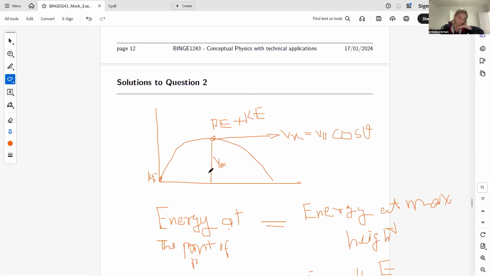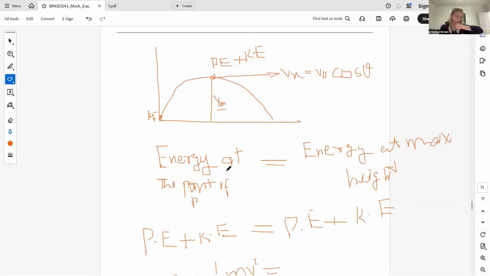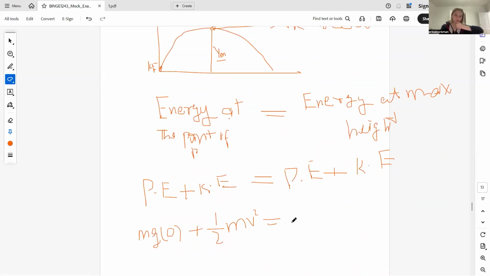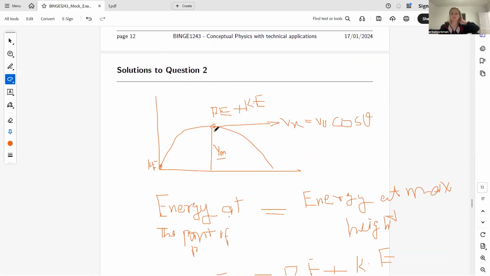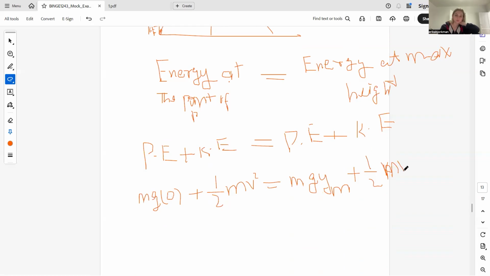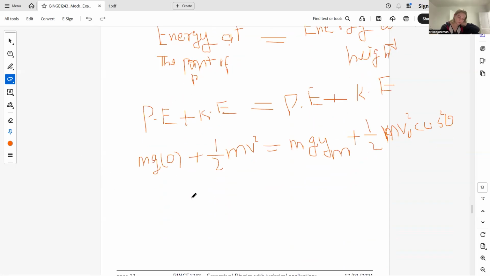And finally, it is having the height ym, so our potential energy will become mg ym, plus its kinetic energy is half m, as here the only component is the horizontal component, so I will use v naught cos theta instead. Then our relation will become v naught square cos square theta.